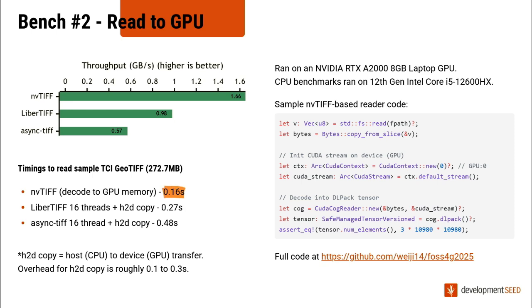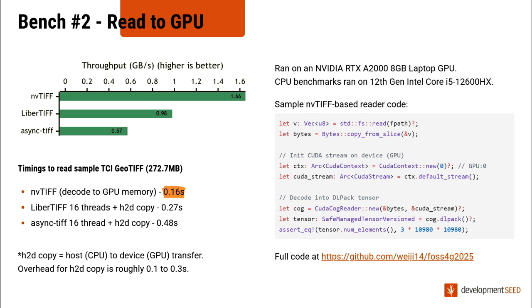This means it takes about 0.16 seconds to decode the GeoTIFF. And if you're doing this in a machine learning application, the data's already on the GPU, which is sweet. You can run whatever algorithm you have on the GPU, be it machine learning or some GPU accelerated calculations.